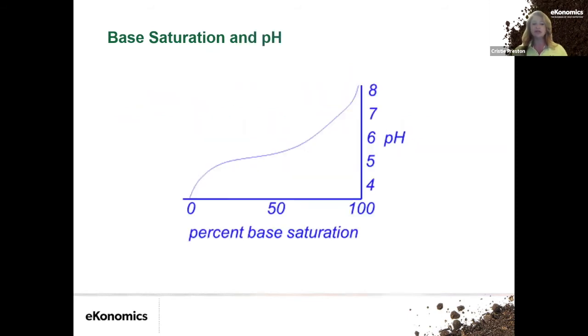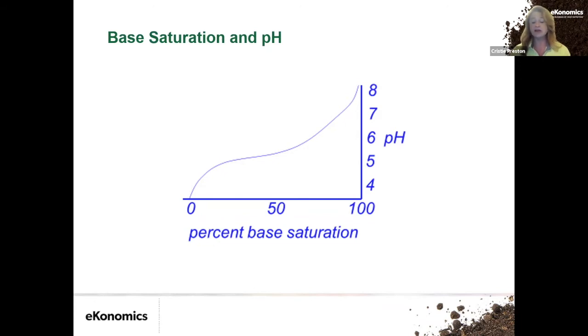In general, there is a relationship between base saturation and pH. As you increase your base saturation, so increasing the calcium, magnesium, potassium within the soil, you will see a general increase in pH.